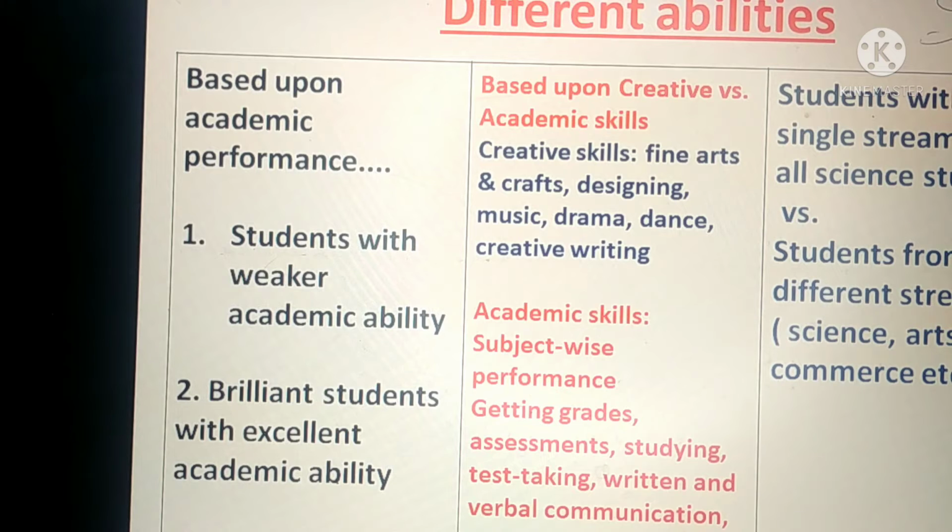So one student can understand from this statement that I need to compare these two things. There are some students with good academic abilities, and there are some students with good creative abilities.